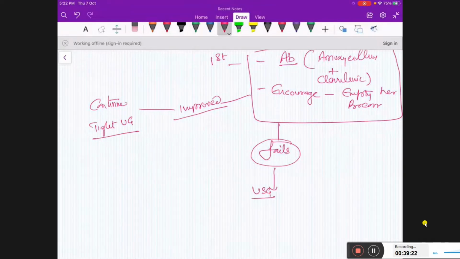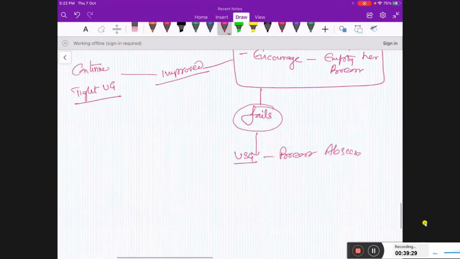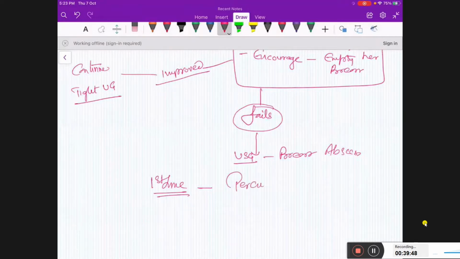If the ultrasound confirms that it is a breast abscess, the antibiotic will continue, mind it. You will not stop the antibiotic. But the first line of management now, as per the latest, is percutaneous aspiration or drainage.